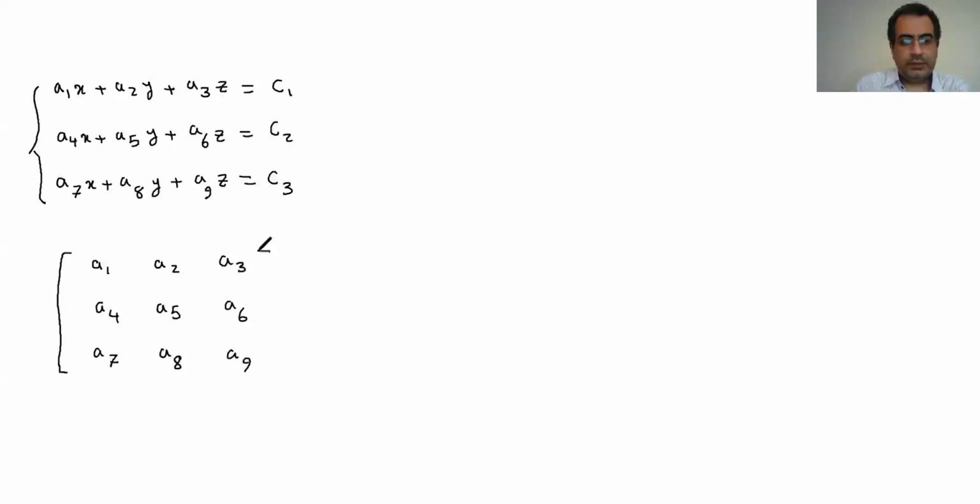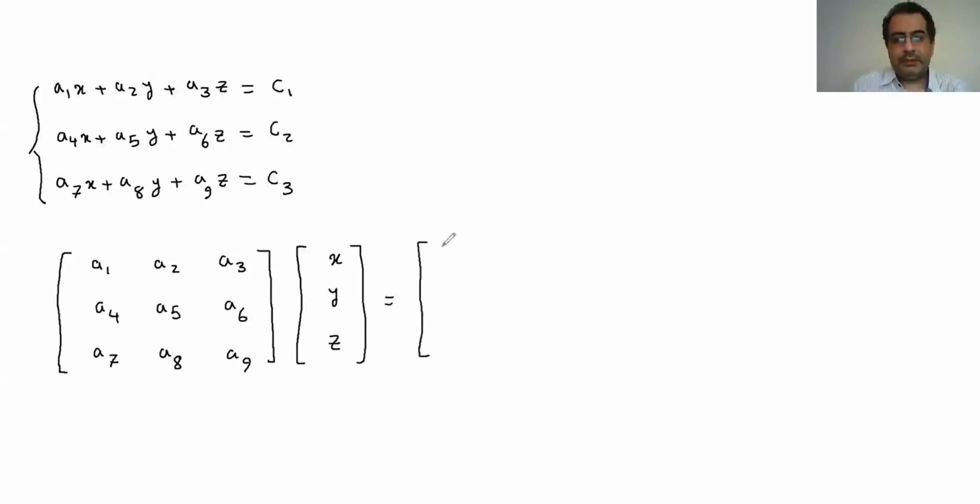So this is the coefficient matrix. Then I have the unknown matrix, which in this case is X, Y, and Z. And then I have the constant matrix, which is going to be C1, C2, and C3.